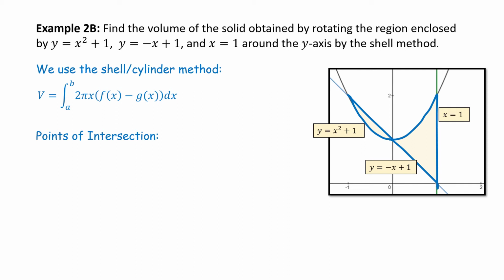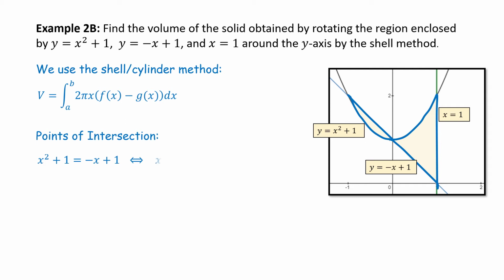So I'm going to set the parabola x squared plus 1 equal to the line negative x plus 1. Let's solve this. I will add x to both sides and subtract 1 from both sides.